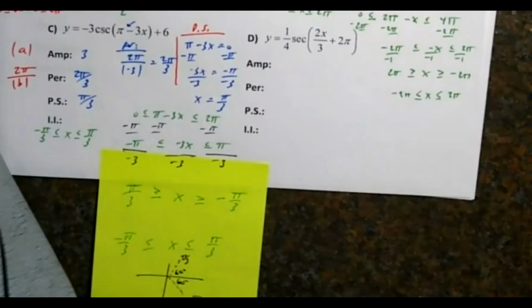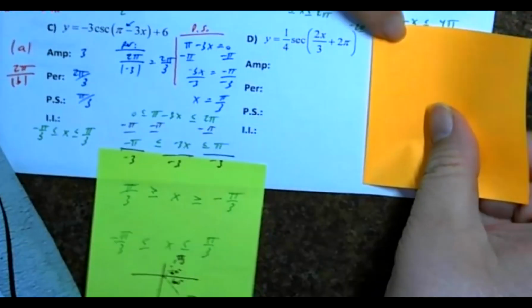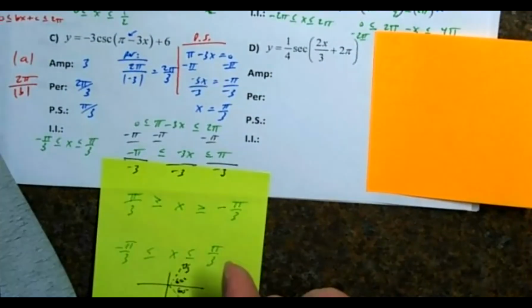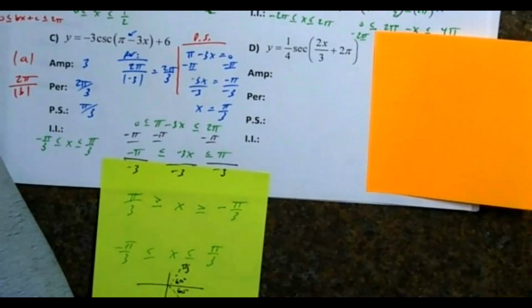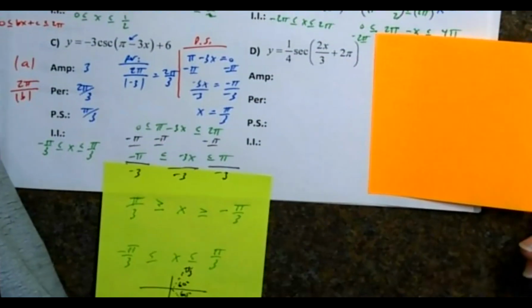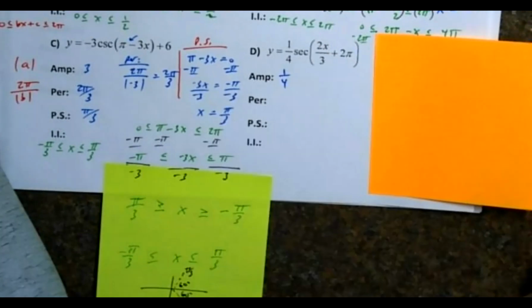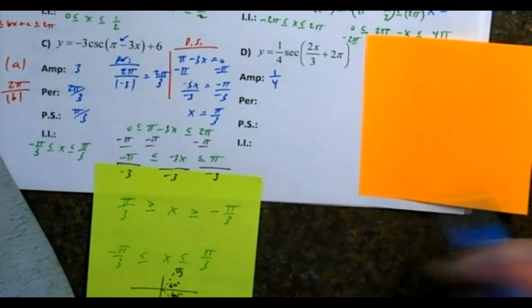I had to use up some of this space, so let me grab another Post-it. All right. What is the amplitude of this problem? You should be thinking to yourself right now, 1/4, the absolute value of A. Okay, period.